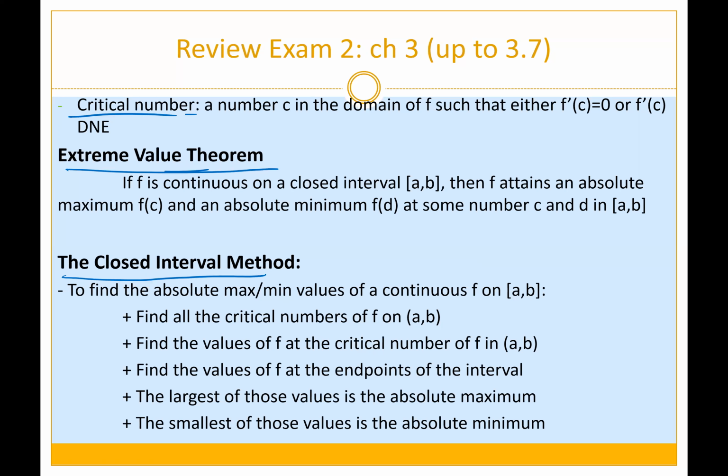The first step is to find all critical numbers, then find the value of f at the critical numbers and the endpoints of that interval. The largest is the absolute max, and the smallest is the absolute min. It's very basic, and you should be really familiar with these now.